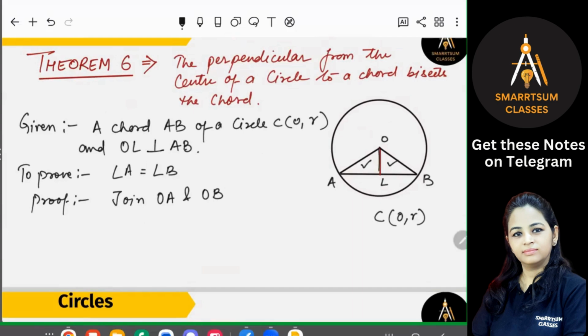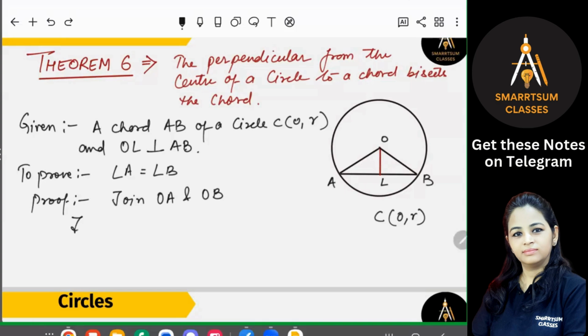Yes or no? Because this is the perpendicular, this is making a 90-degree angle here. Right? A perpendicular is always at an angle of 90 degrees on that line, right? So it is making an angle of 90 degrees on both sides. So these two triangles OLA and OLB are right angle triangles.